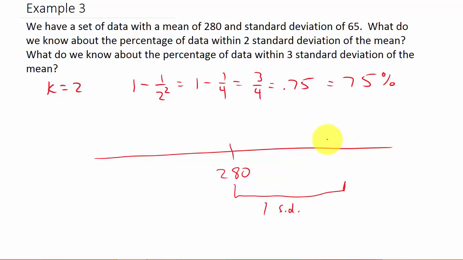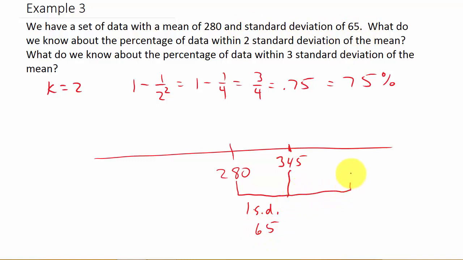If we go over one standard deviation, that would be to 345, since one standard deviation is 65, because that's what our standard deviation is.